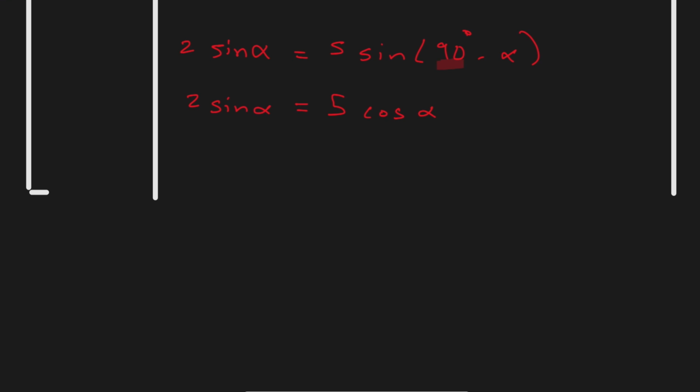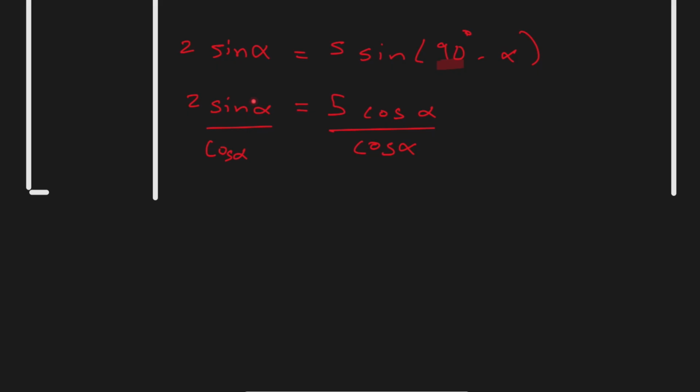Okay, so one thing that you should also know is that if you have a sine and a cos, you can make it to be an identity. When you divide both sides by cos of alpha, you are not getting rid of a cos. You are making an identity so that you are able to solve. So remember, you can't divide by x if you are solving for x.